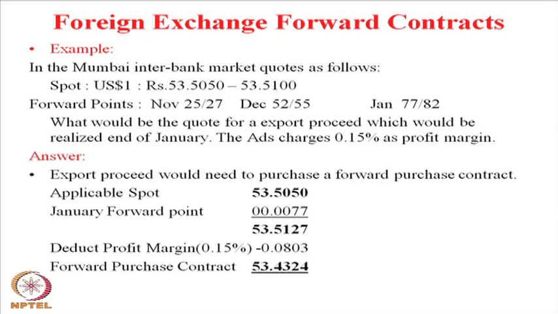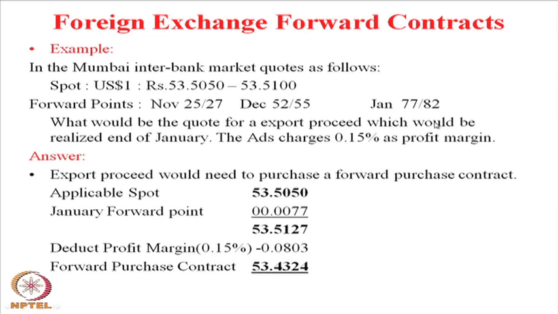So, there is a risk for the exporter, and to avoid this risk, the exporter has gone to the authorized dealer and asked for a forward purchase contract for the rupee dollar exchange rate for the month of January. And in the January month we have the forward points, and in between, November month forward point 25-27, December month 52-55 and January month 77-82.